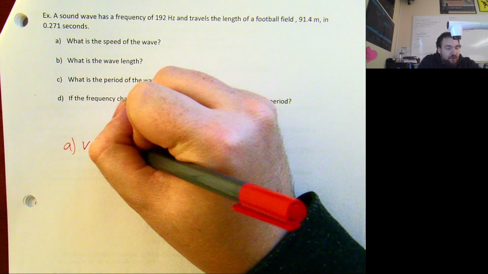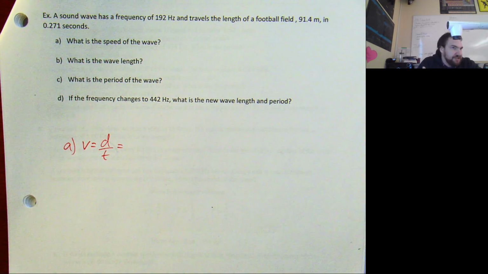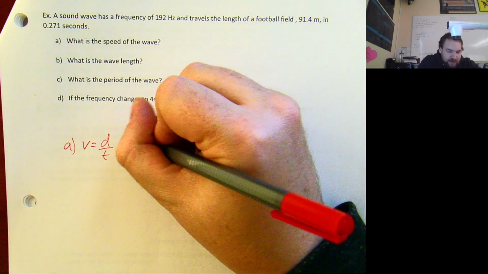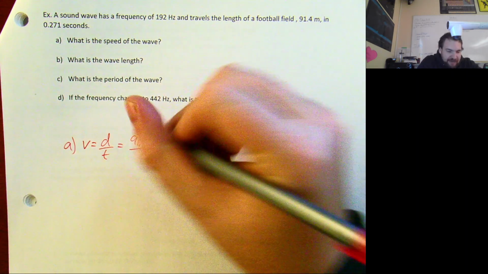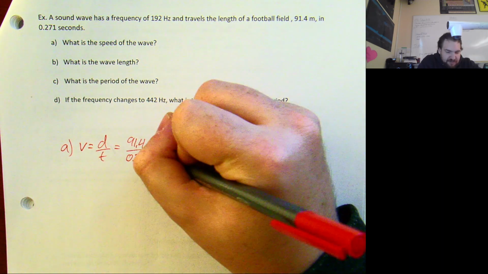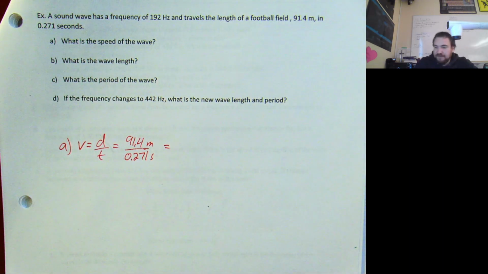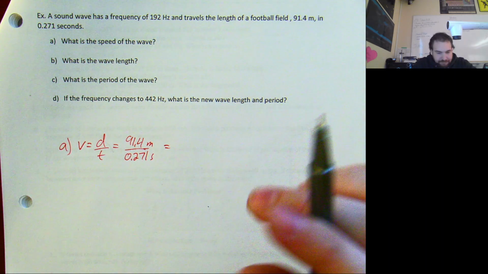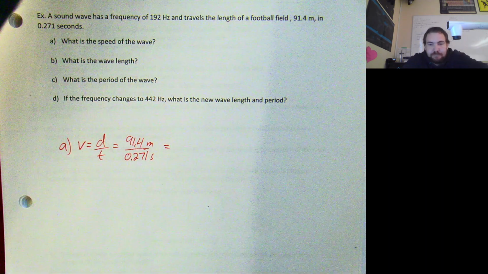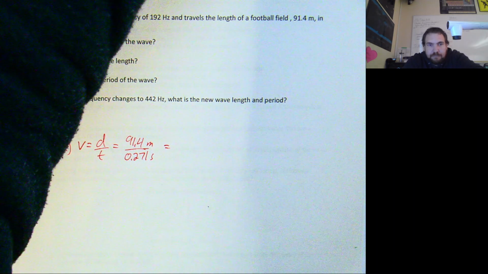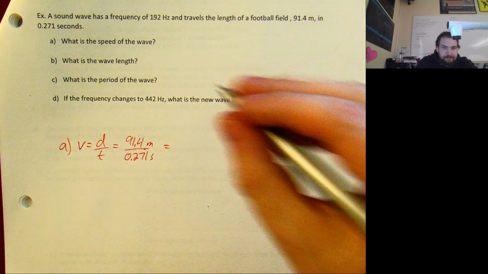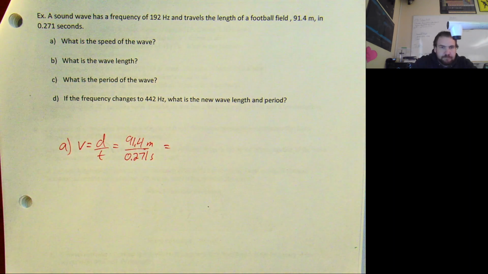We know that that wave's not accelerating, it's just traveling as it does. The distance that wave is traveling is 91.4 meters in 0.271 seconds. How fast is that wave traveling? 337.27 meters per second.